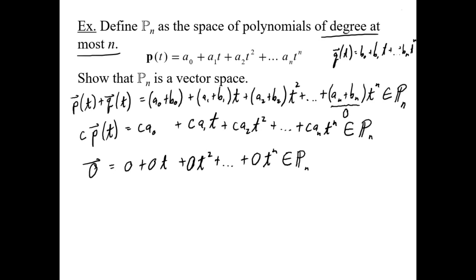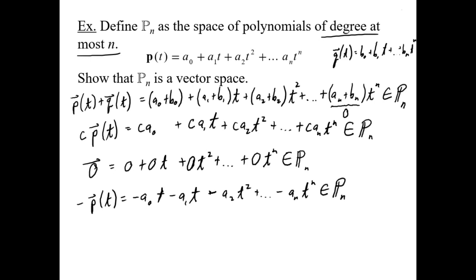So it is closed. And then certainly the opposite of p will just be negative a naught plus negative a1 t minus a2 t squared plus dot dot dot minus an t to the n. Again, the opposite is in Pn. All four of those properties hold.